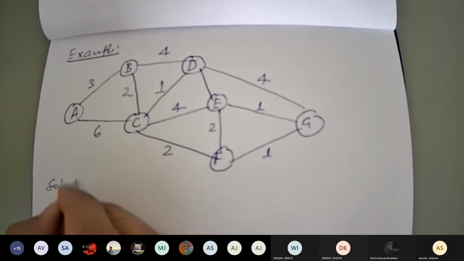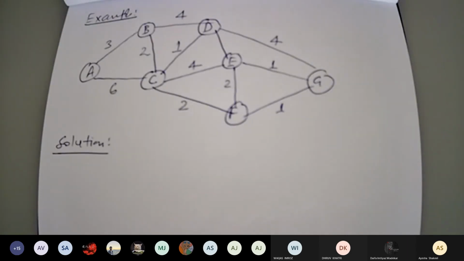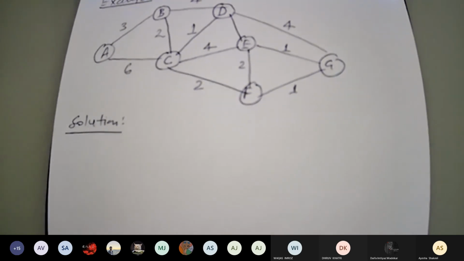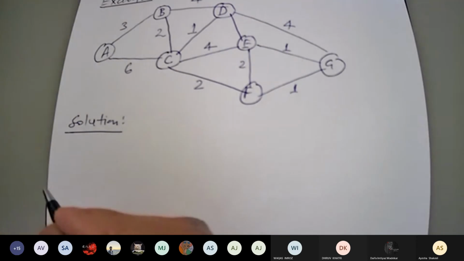Now let's do the solution for this. Apply the algorithm. What will be step one? Step one is, suppose that you want to go from A to G. Initially, three things you will be taking: status, distance, and which one is the next vertex.